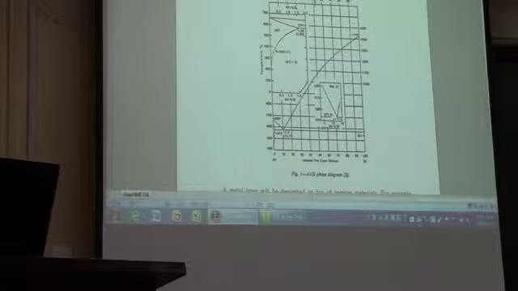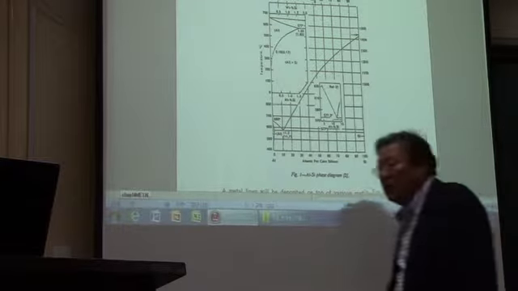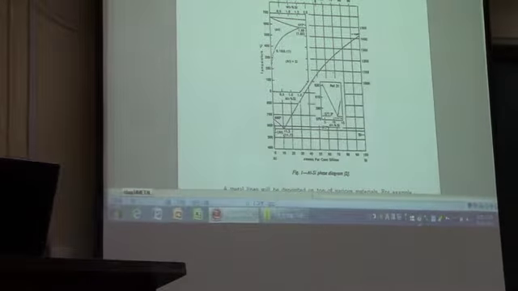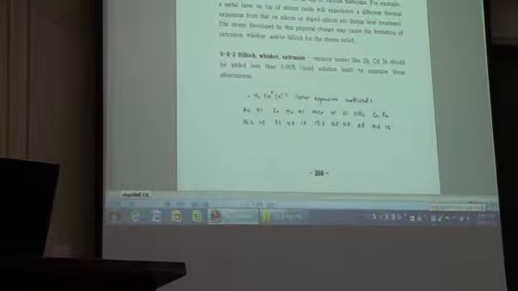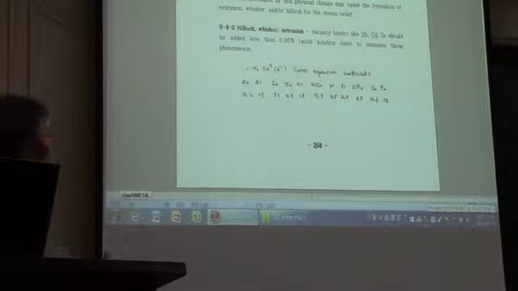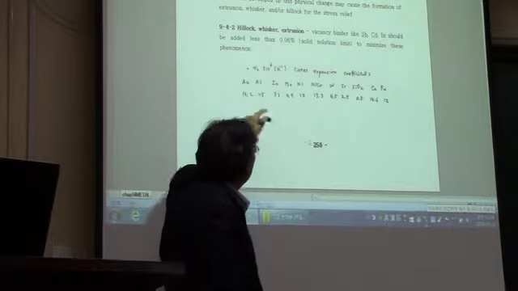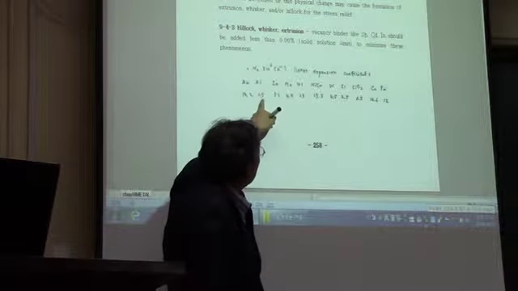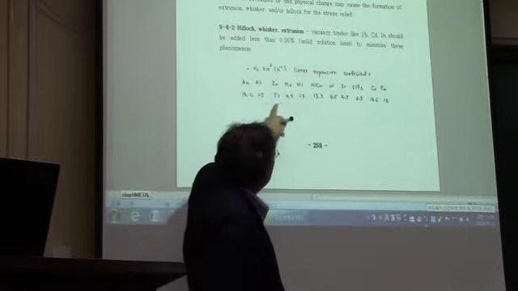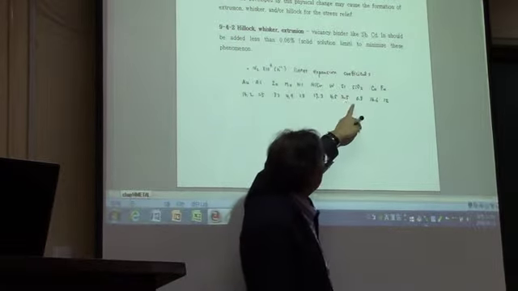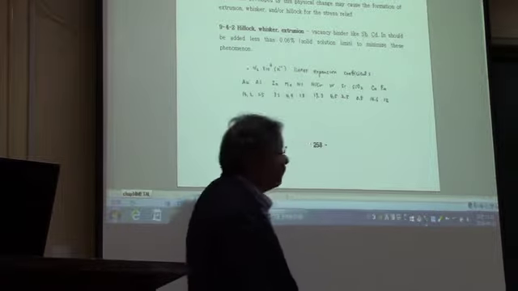And the extrusion and whisker, basically it happens due to the stress. Here is a list of linear expansion coefficients. And you can see the aluminum is 25 times 10 to the minus 6, but the silicon is 2.5, silicon oxide 0.5.